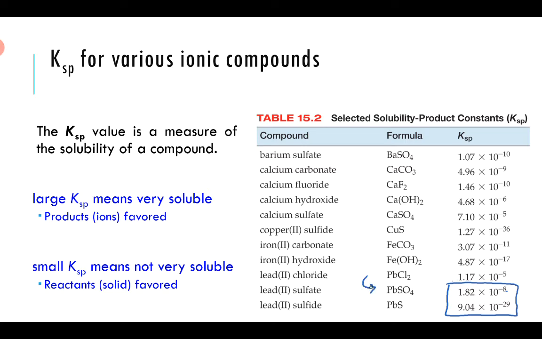And so our lead sulfate is more soluble than our lead sulfide. So PbSO4 is more soluble than PbS. And we can tell that by looking at the equilibrium constants. These are all negative values, which means that they're all probably not soluble, or we would classify them as insoluble. But insoluble doesn't mean none dissolves, it just means a very small amount dissolves.